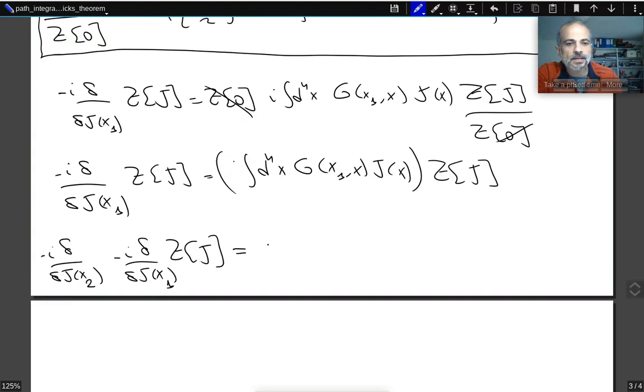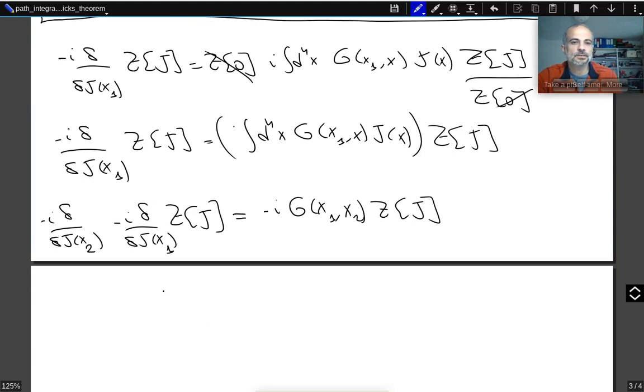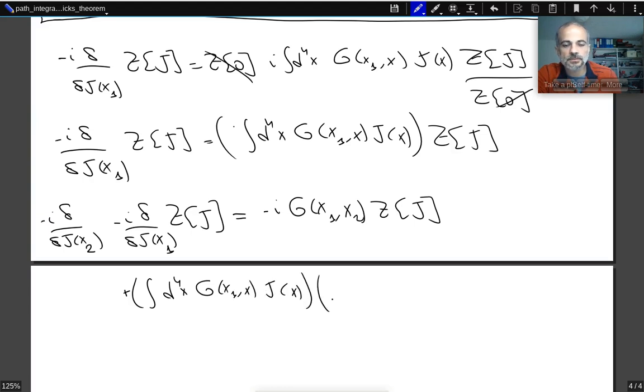So it will be a minus i G of x1, x2, Z of J. This is the derivative of this term in parentheses. But then I also have this term times the derivative of Z of J. So that will make it d4x G of x1 x J of x times the derivative of the second term. It will bring another such factor, d4x prime, G of x1 x prime J of x prime, and Z of J.